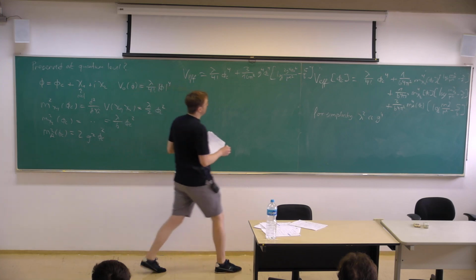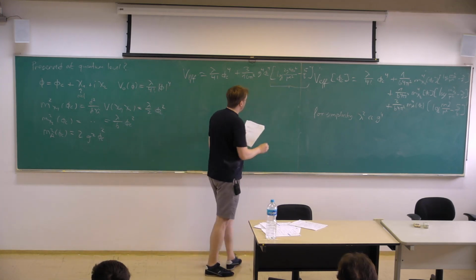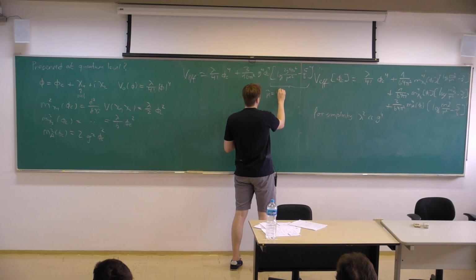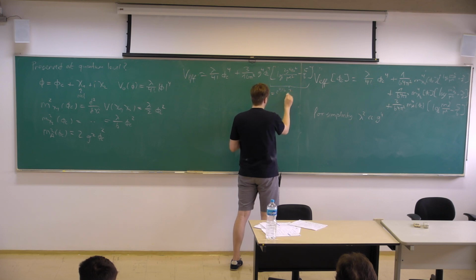Now let's simplify this expression a bit by defining a scale mu tilde equal to e to the 5/6 times mu, to get rid of this ugly constant there.